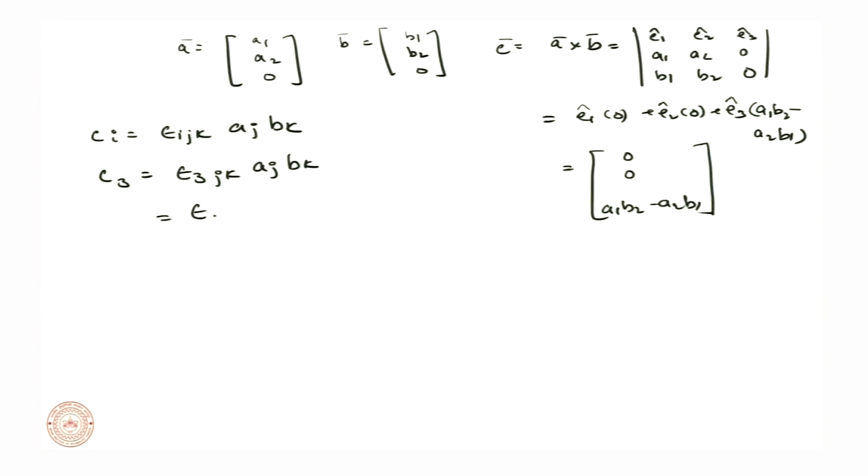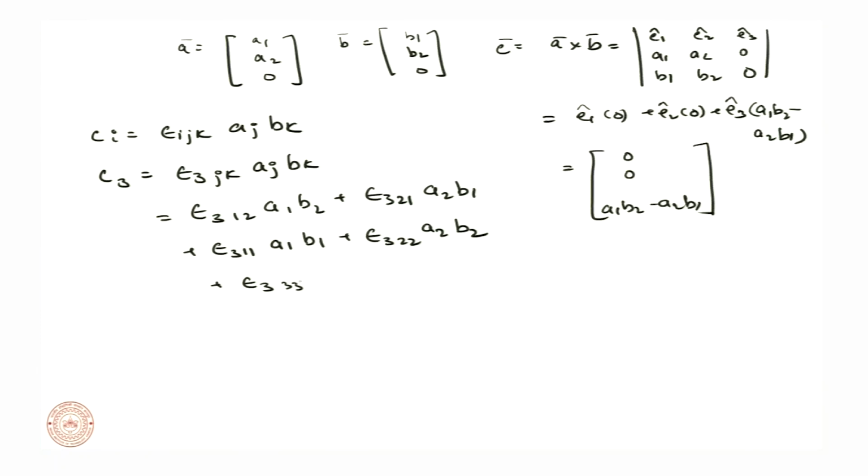Our terms can be epsilon_312 a1 b2 plus epsilon_321 a2 b1 plus epsilon_311 a1 b1 plus epsilon_322 a2 b2, and we can have further terms like a3 b3. Again, the terms with repeating indices are 0.